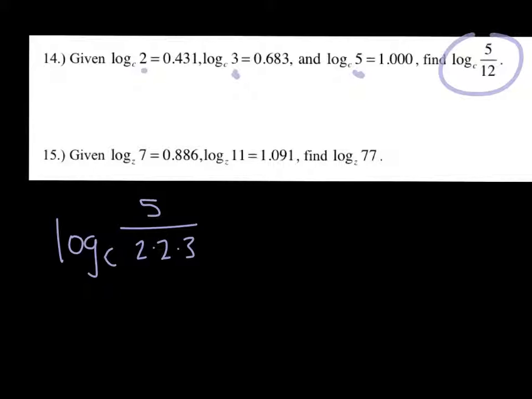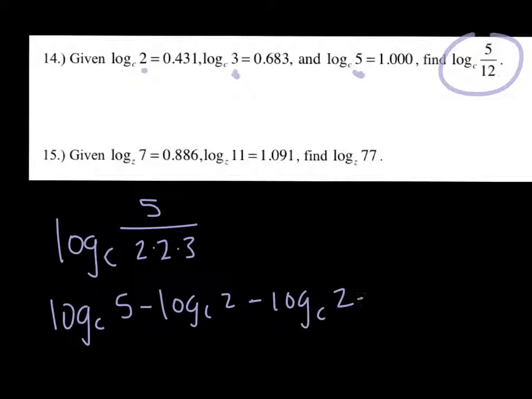So we have 5 over 2 times 2 times 3. So if those are 3 terms, we need to subtract every single one of those. So this becomes log base C of 5 minus log base C of 2 minus log base C of 2 minus log base C of 3. And the reason that happens is you could do it like this.